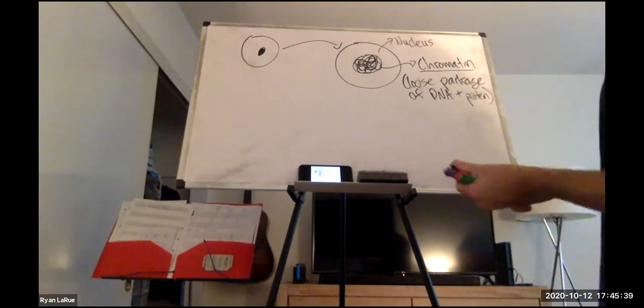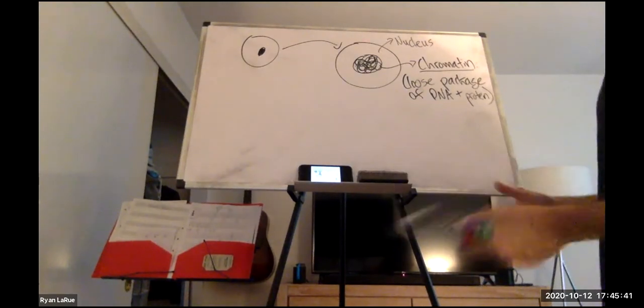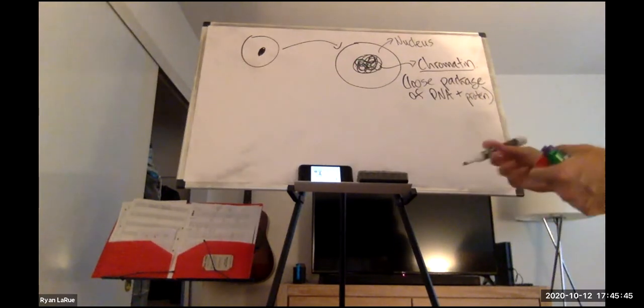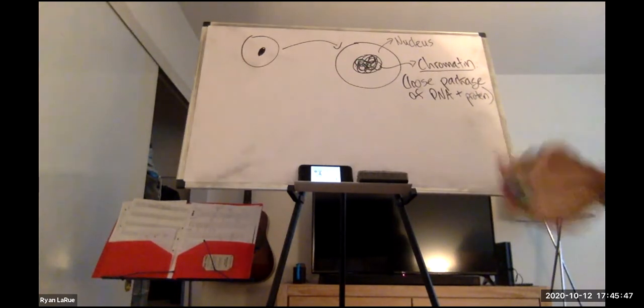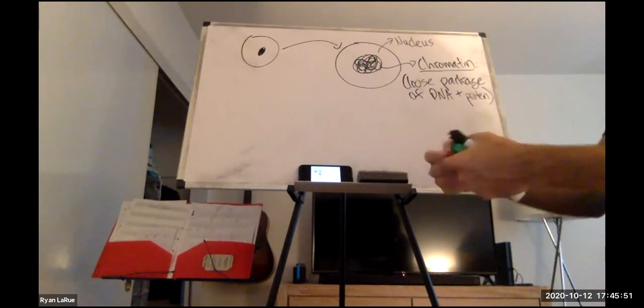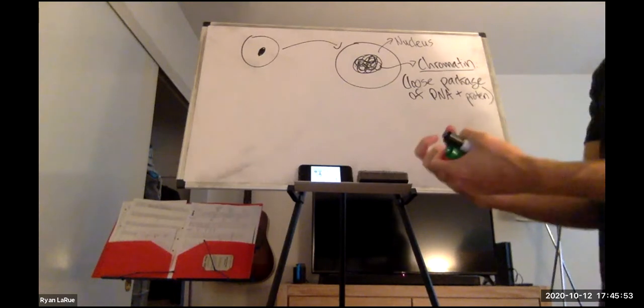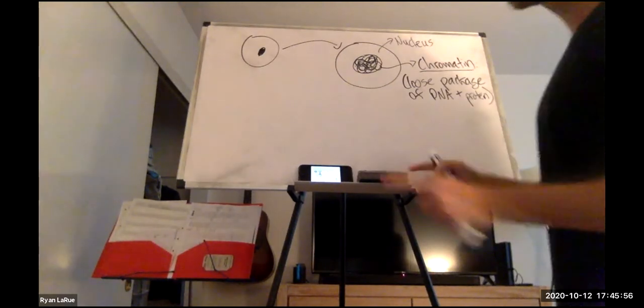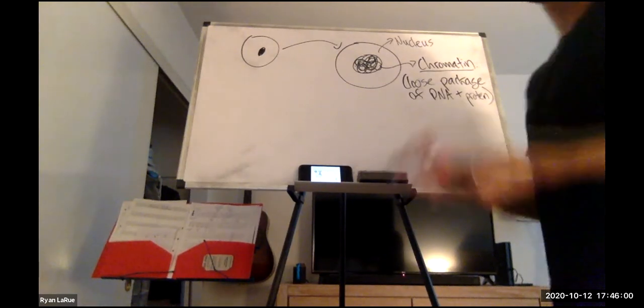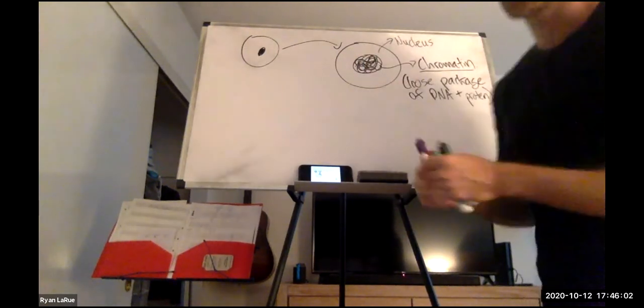Now, when chromatin condenses and it actually starts to, so it's not all loose, it starts to wind up and coil up and be condensed and packed together, that's called a, well, we have 23 of these.